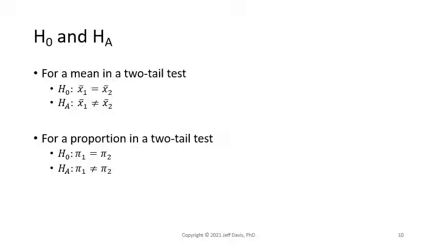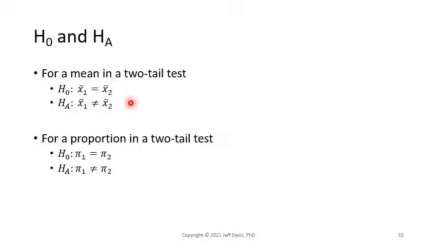So the null and alternative hypotheses look much the same, except here there's no specific value that's explicitly stated. It's rather implicitly stated. Here we're essentially saying that the null value is 0, because in the case of a mean, the mean for group 1 is the same as the mean for group 2.